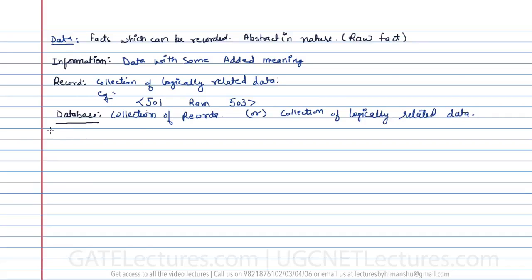Okay, and then there's something called management. We know what is a database. Now we need to understand what is management. And management, in the case of a database management system, is some set of programs.